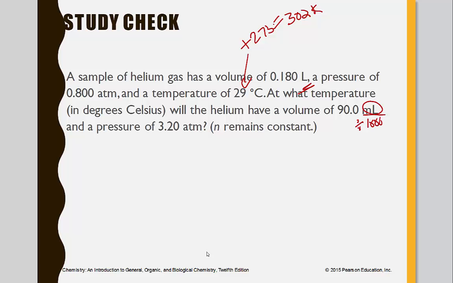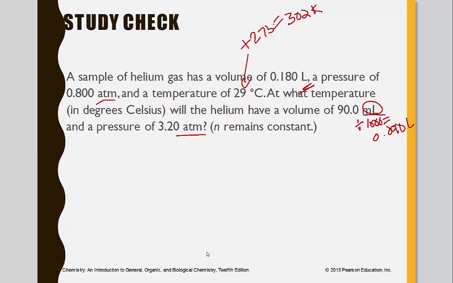That becomes 0.090 liters. And a pressure of 3.20 atmospheres. It gave us the atmospheres on both sides of the equation, so we're okay with that. And then the n is constant, meaning that the amount of moles that are in there hasn't changed.